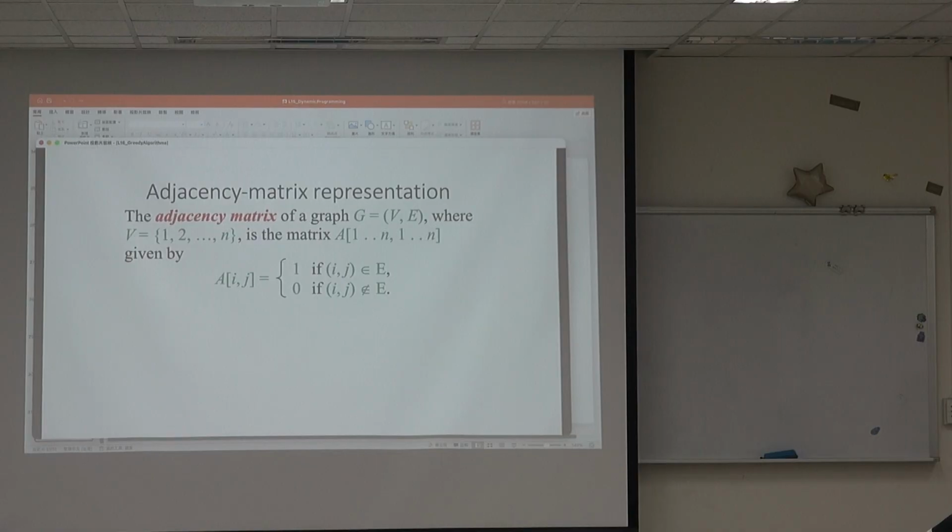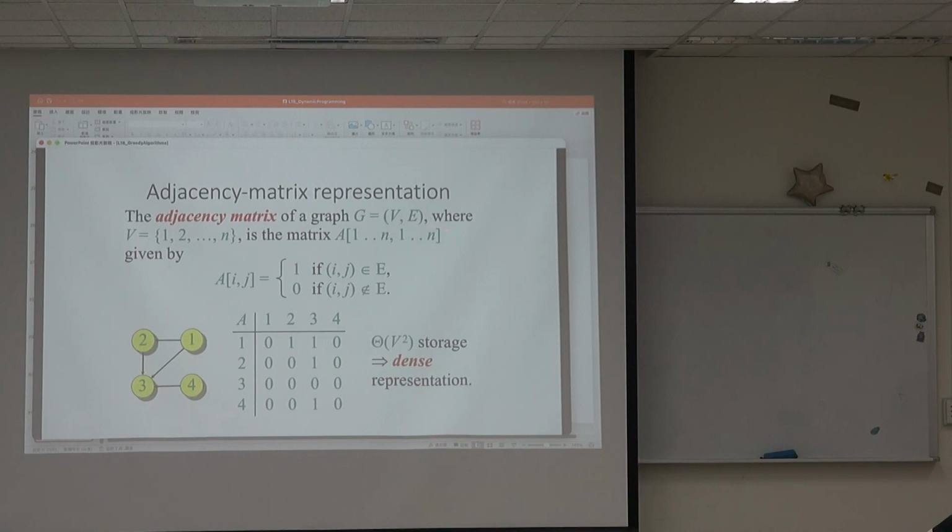In this matrix, A_ij is 1 if there's an edge between vertex i and vertex j, and A_ij is 0 if there's no such edge between vertex i and vertex j. So this is an example. Okay, so we prefer to use the adjacency matrix when the graph is dense.